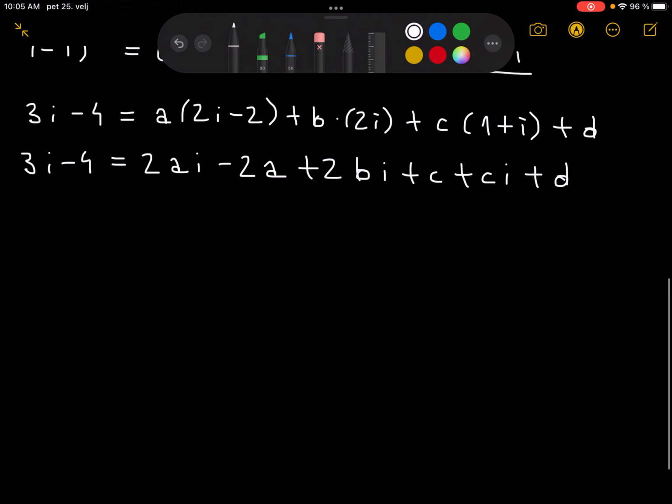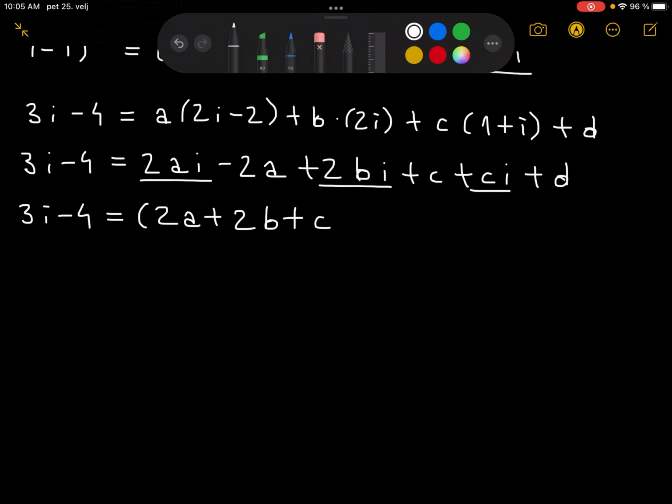And let's go ahead and factor everything on the right-hand side in terms of i. So 3i minus 4 is equal to, what has i here? This, and this is equal to 2a plus 2b plus c times i minus 2a plus c plus d.